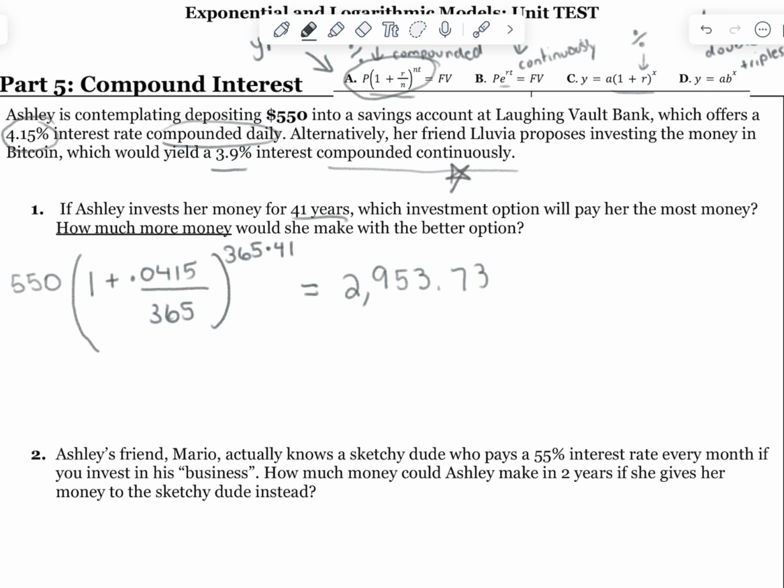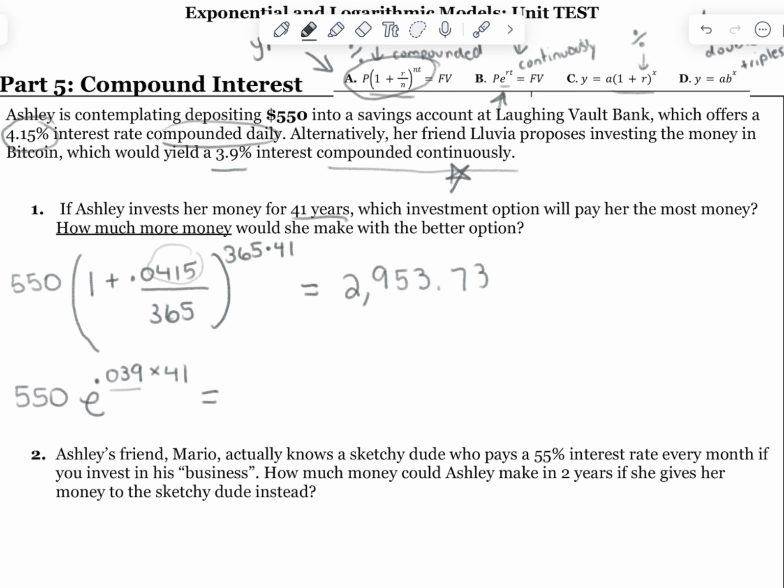So that's going to be the upper formula. So initial value 550 times e to the power of 0.039 times 41 years. Oh, my heart hurt so much when I saw your test, because some of you, instead of putting 0.039, you put the same percentage as that first one, and that's why you got it wrong.